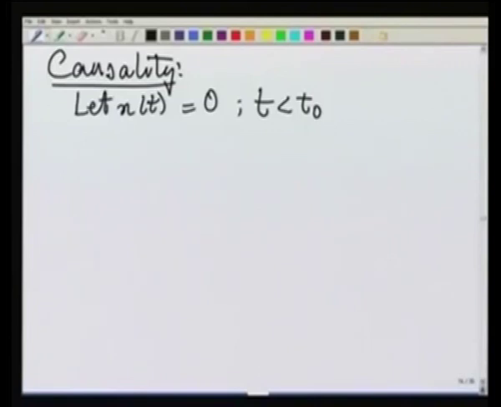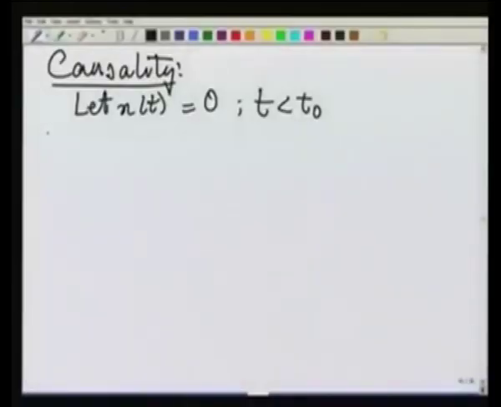Irrespective of even whether the system is linear or time invariant, we can say that if x(t) is equal to 0 up to t equal to t naught, then y(t) must also be 0 for all times t less than t naught.